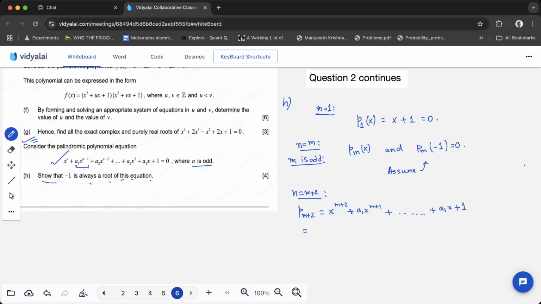The one trick here is to observe that, starting from the second term to the second last term, we can take x common and a1 common. Let me just write it first. We take a1 times x as a common factor, and we get x to the m plus a2 divided by a1 times x to the m minus 1 plus and so on, plus a2 by a1 times x, plus 1.